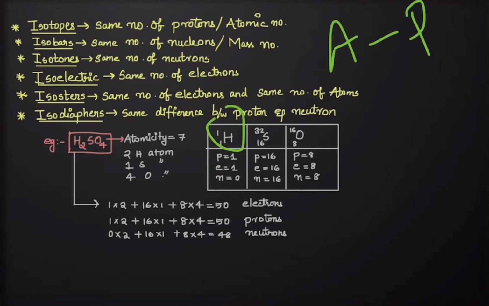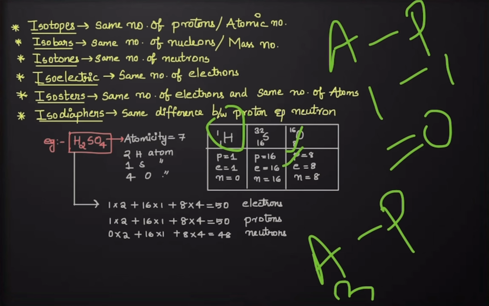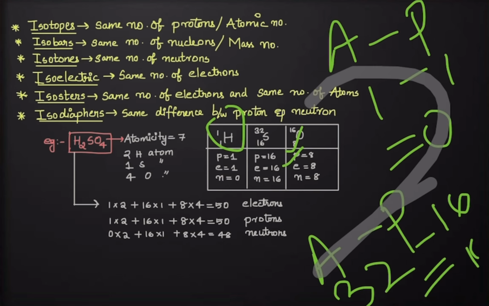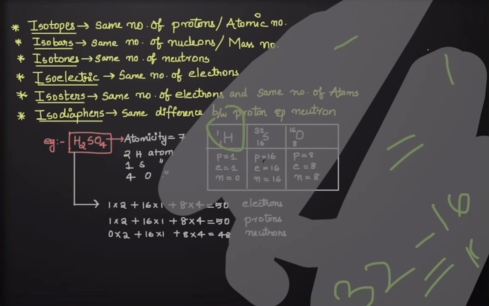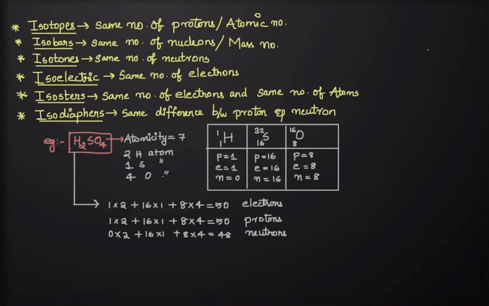In H 1 1, A is 1 minus 1 proton, which is 0. In sulfur 32 16, Z equals number of protons equals 16, number of electrons is 16, and number of neutrons is A minus P, that is 32 minus 16 equals 16. In oxygen 16 8, protons are 8, electrons are 8, and neutrons are A minus Z, that means 16 minus 8 equals 8.